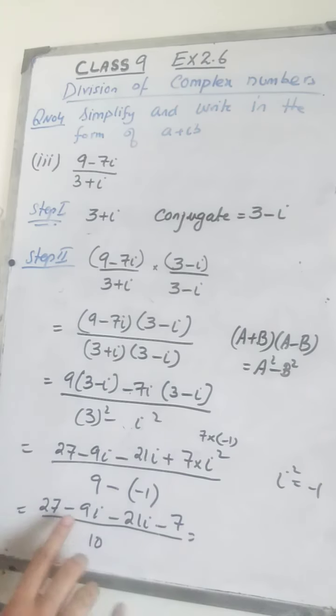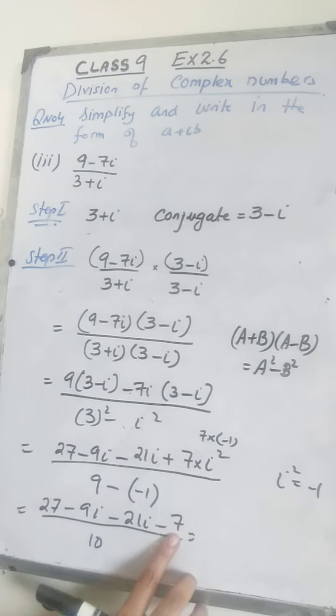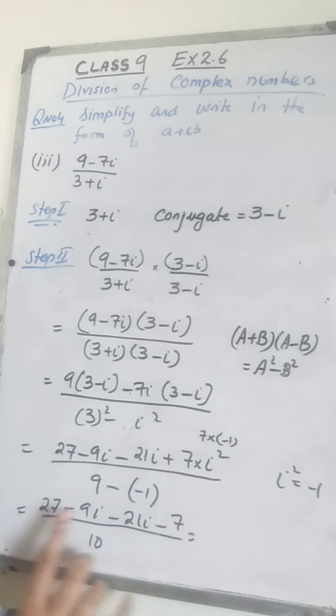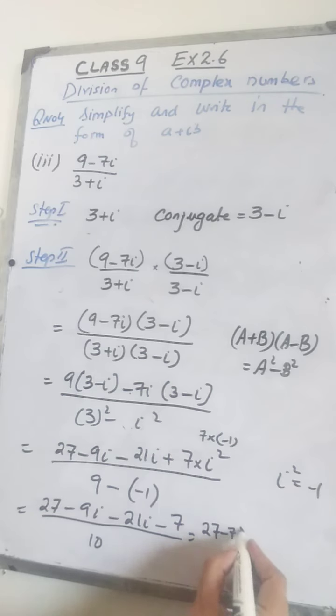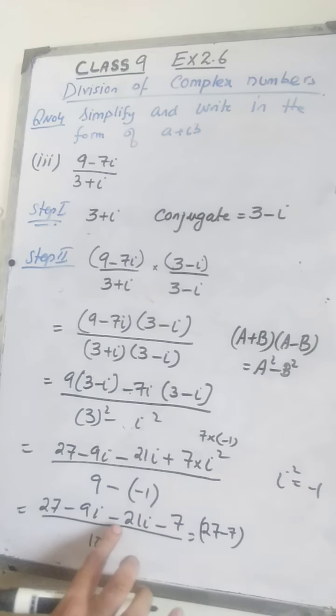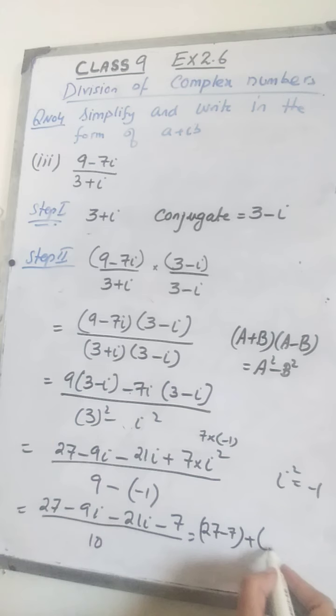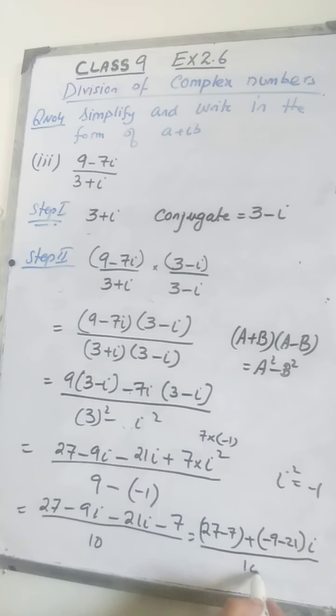Okay, now here this is the number without iota, this number is also without iota, so this will form the real part. And the ones with the iota will form the imaginary part of this number. So 27 minus 7 will be the real part, and minus 9, minus 21 will be the imaginary part, over 10.